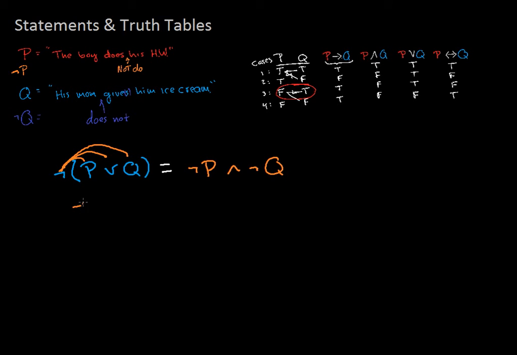So P becomes a not P, or becomes an and, Q becomes a not Q, which is the exact same thing as we have right there.